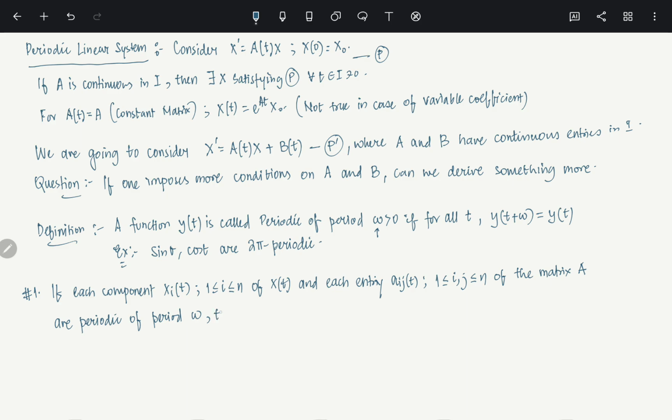Then x of t and A of t are said to be periodic of period W.